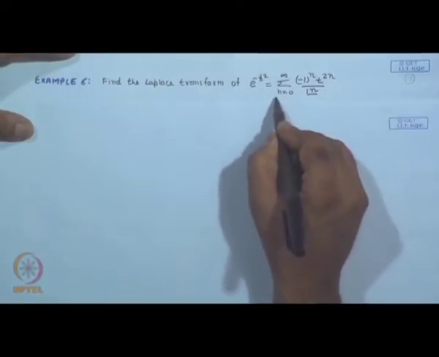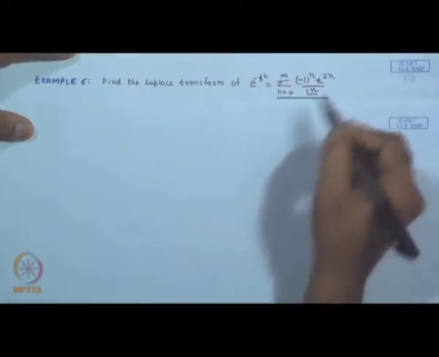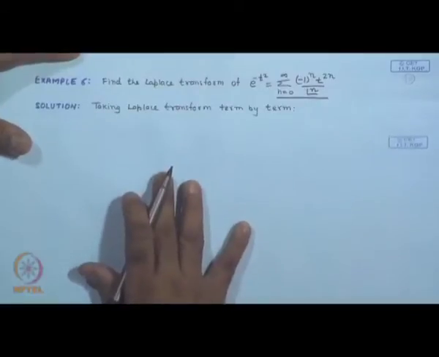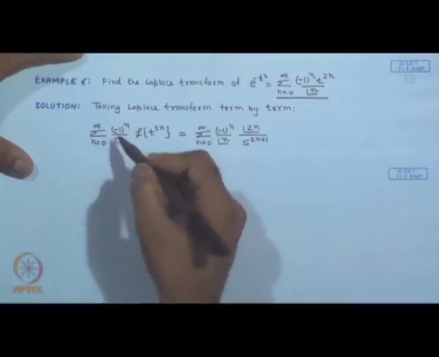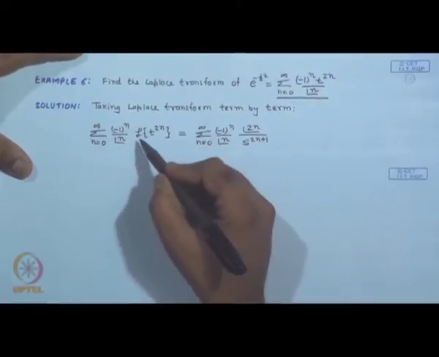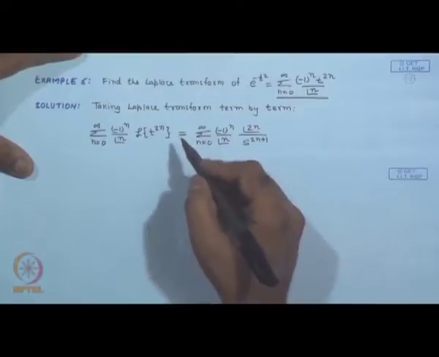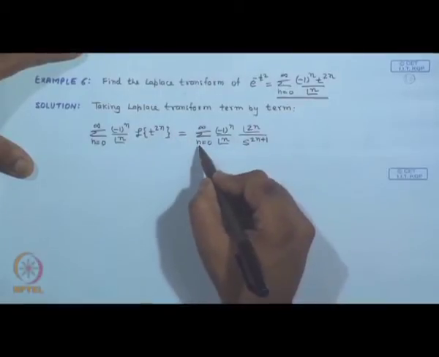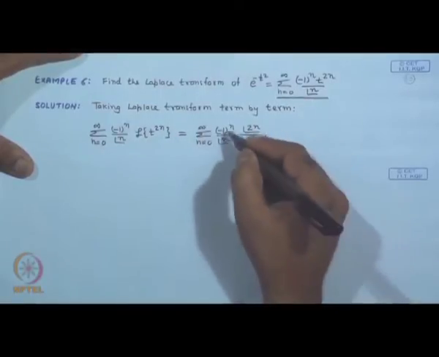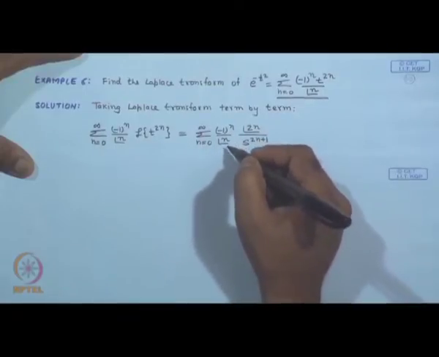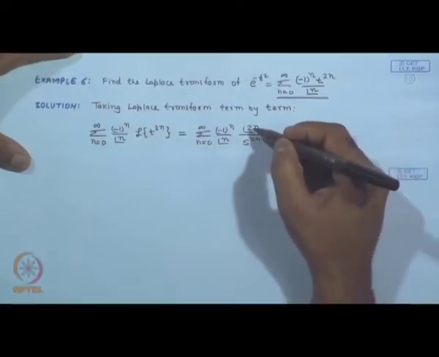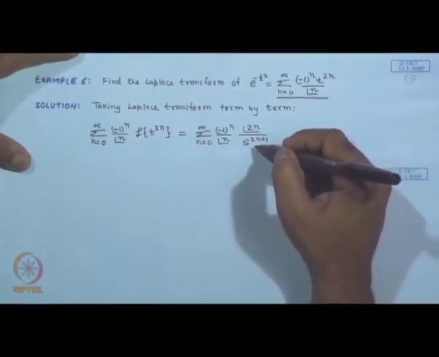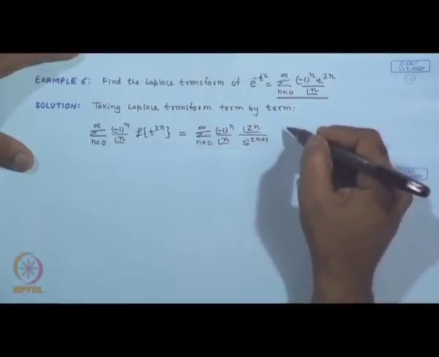And now, let us see what will happen if we apply the Laplace transform to each of these terms. So, we have the sum of (-1)^n over factorial n times the Laplace of t^(2n), and we know that is factorial 2n over s^(2n+1).